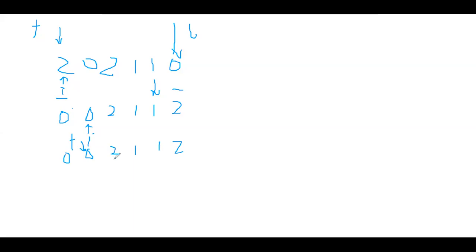At this time, I moves to the 2, and we see the 2 is swapped with the last color. So we get 0, 0, 1, 1, 2, 2. And I moves to this one.